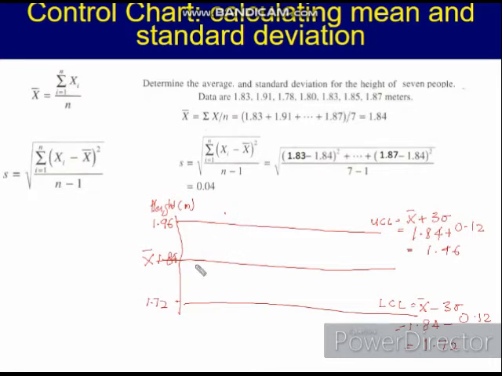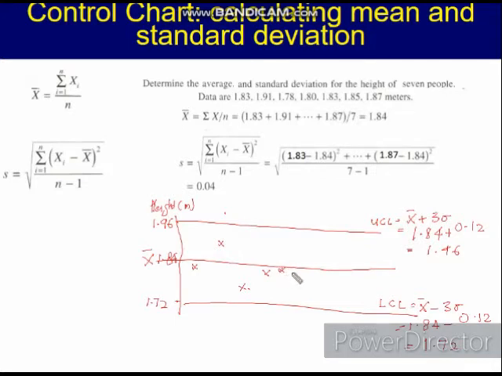So the first one is 1.83. So 1.83 is just below here. Next, 1.91 is somewhere here. And then 1.78 is somewhere here. 1.80 is somewhere here, 1.83 even closer here.